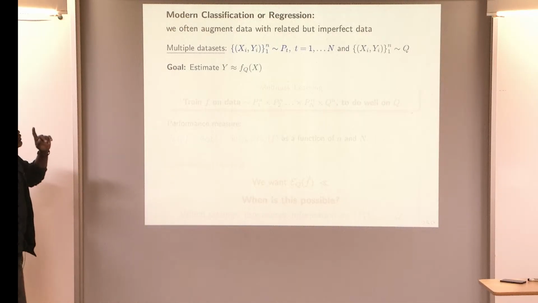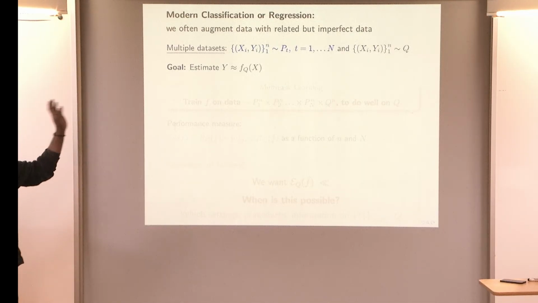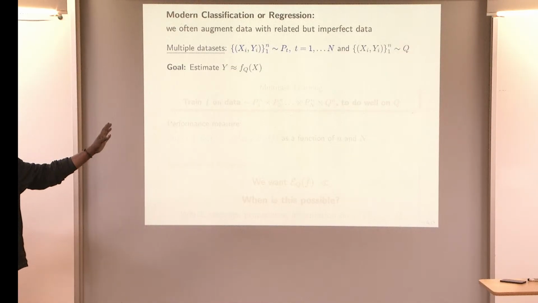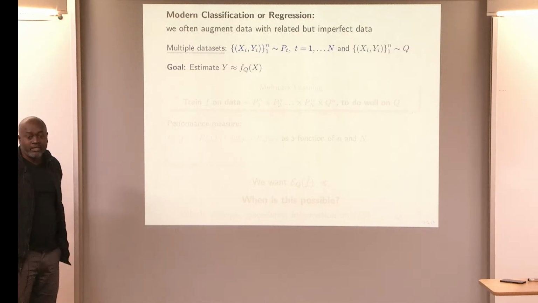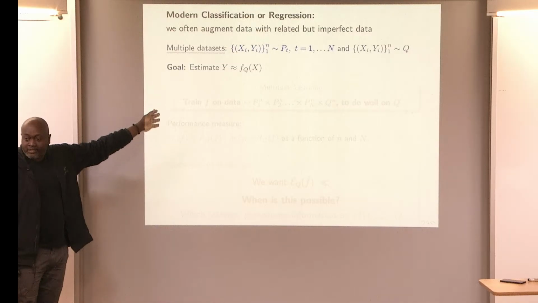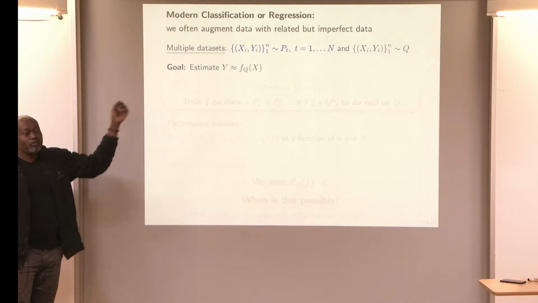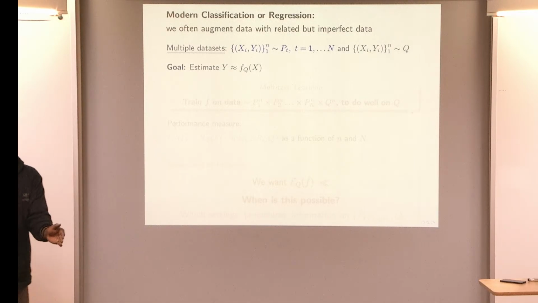So throughout, I'm just going to assume that all the data sets that you have are labeled. So it's only prediction problems. You want to estimate some unknown function f_Q of x. And Q here will represent throughout the target problem I'm caring about.